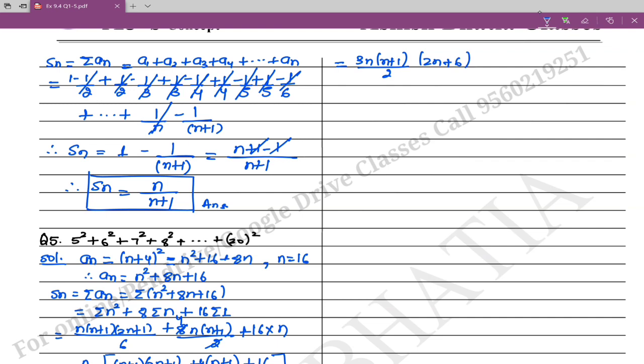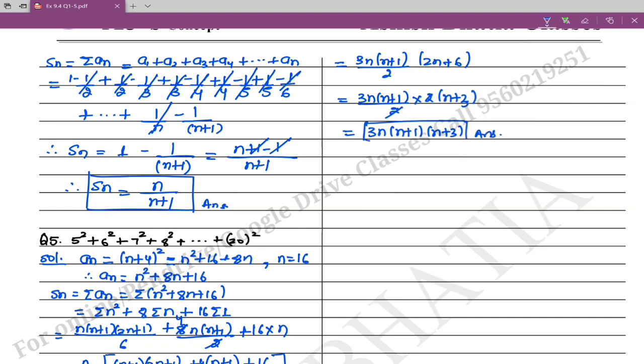Now I can take 2 common, so it would be 3n into n plus 1 by 2 into 2 taken common out, so it would be n plus 3. 2 and 2 cancel out, so the final answer is 3n into n plus 1 into n plus 3. So this is our answer.